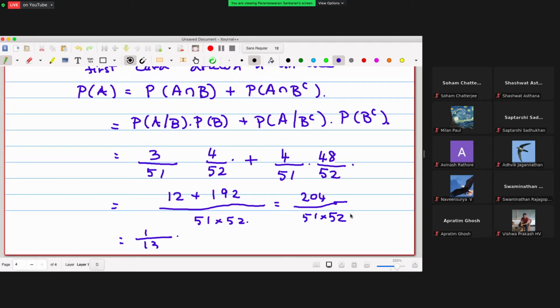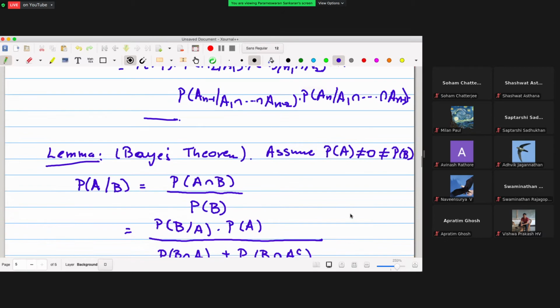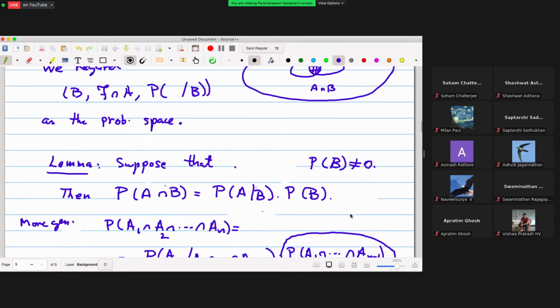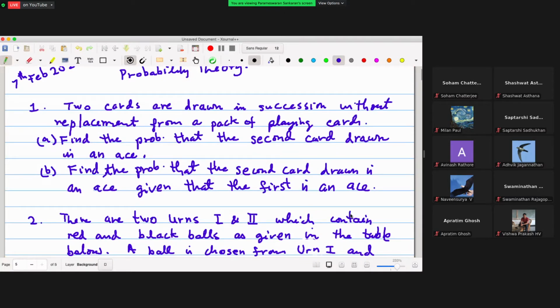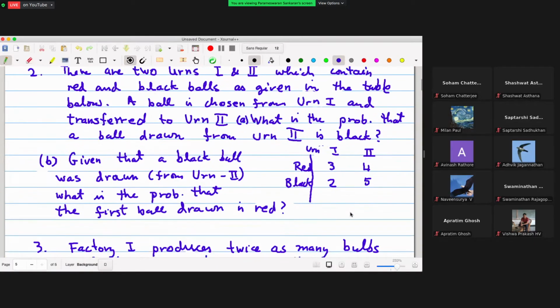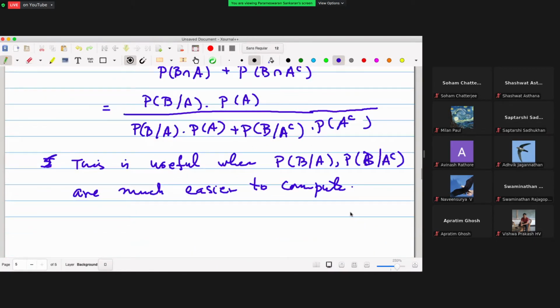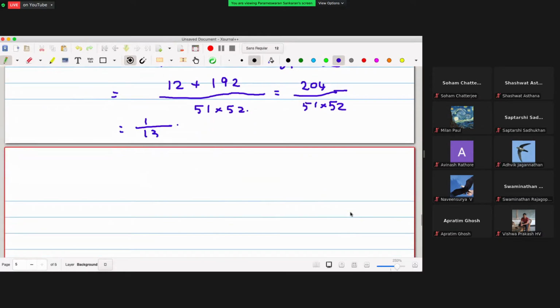All right. So what's the other problem? Find the probability that the second card drawn is an ace given that the first is an ace. That's easy. We already did a part of it. So part B: the second card drawn is an ace given that the first one is an ace.